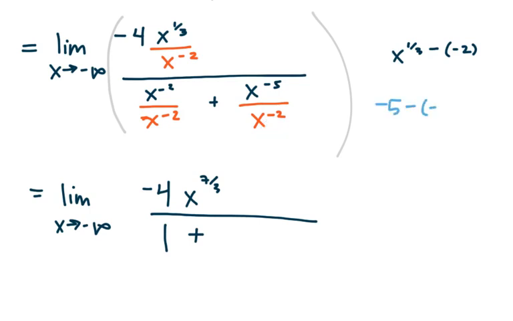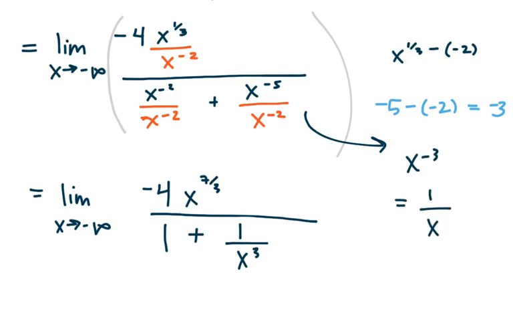That's negative 5 plus 2, which is negative 3. So I have x to the negative 3, which is the same as 1 over x cubed, which is where we've pulled that in there.